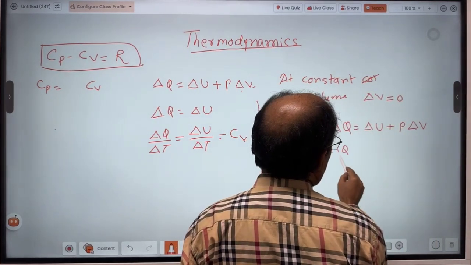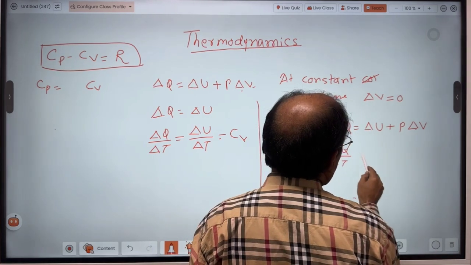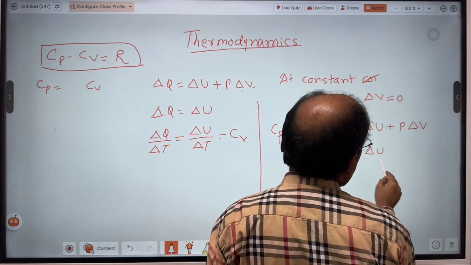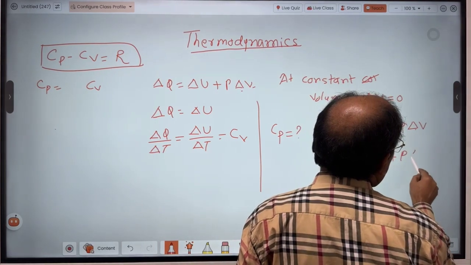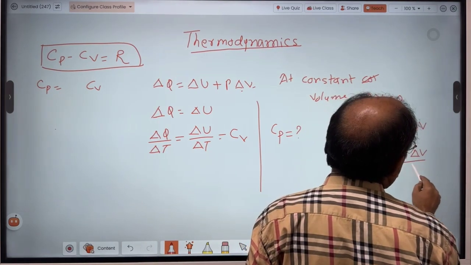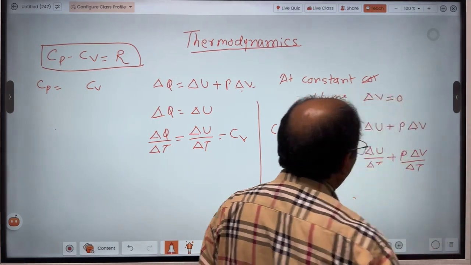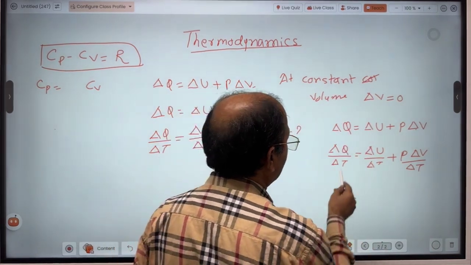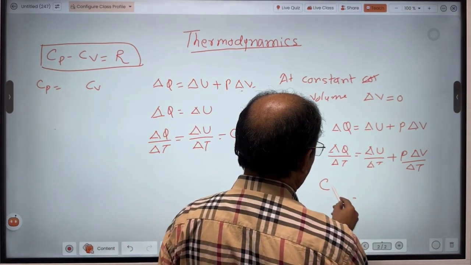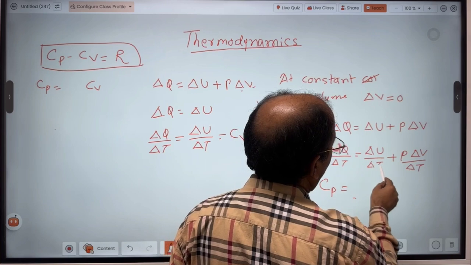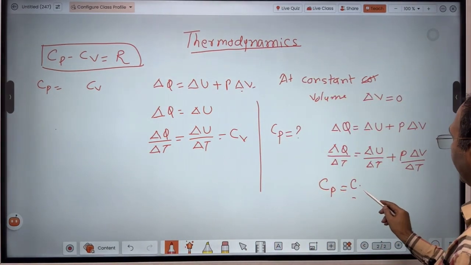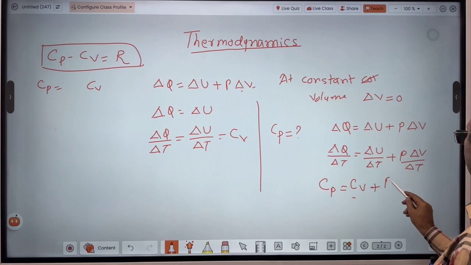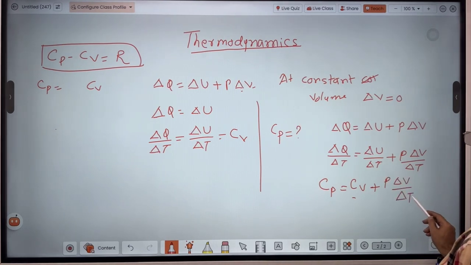So delta Q divided by delta T equal to delta U divided by delta T plus P delta V divided by delta T, right? Up to here there is no problem. So this will be written as Cp, and we have already proved that delta U upon delta T is Cv, plus P delta V divided by delta T, right.